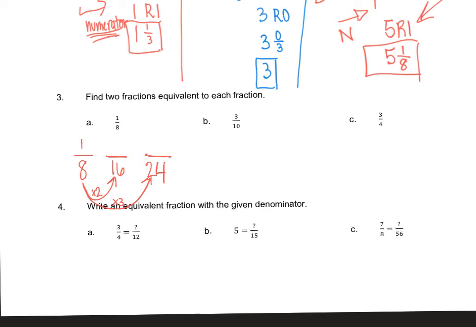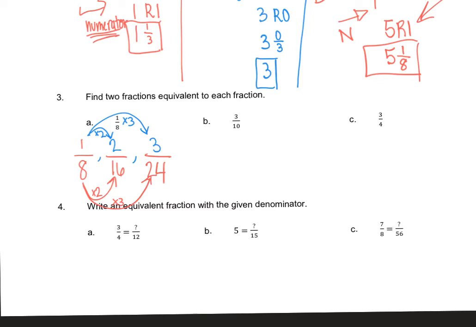Remember when I did the multiples? 8 times 1, 8 times 2, 8 times 3, 8 times 4, 8 times 5, and I listed them all out. Because now I have a top to worry about too. I have to do 1 times 2 and 1 times 3. So 1 times 2 is 2 and 1 times 3 is 3. So 2 over 16 and 3 over 24 are actually equivalent to 1 over 8. They're just the unsimplified version of it.